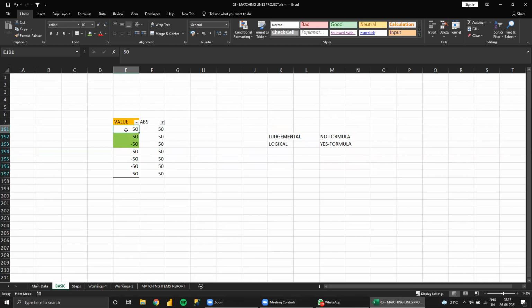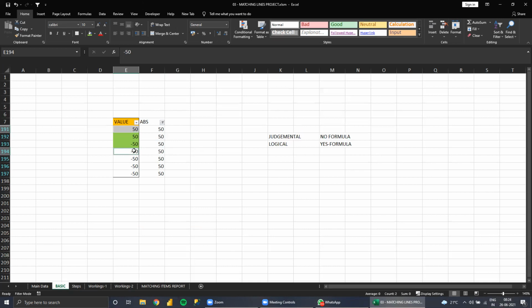They see this plus is there, they write it minus. Or they remove this and again sort it, then bring them together. Repeatedly they do that when there are duplicate values. They delete and again sort, and then this and this become together. How many times will you do that? That is not the way, right?